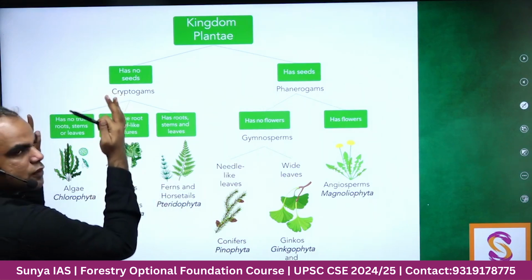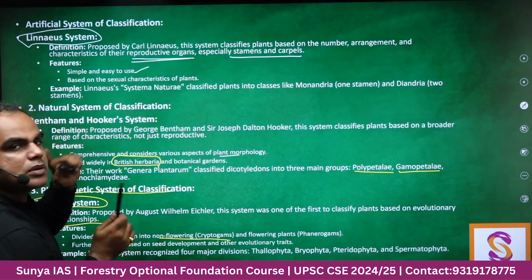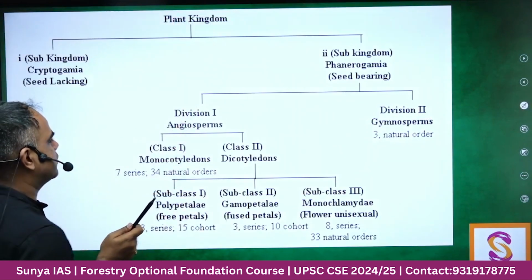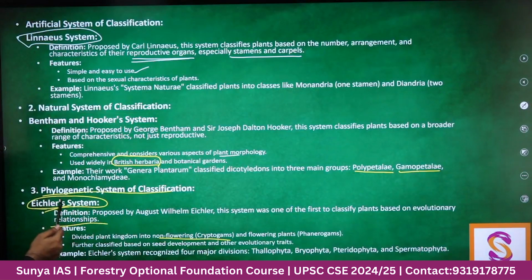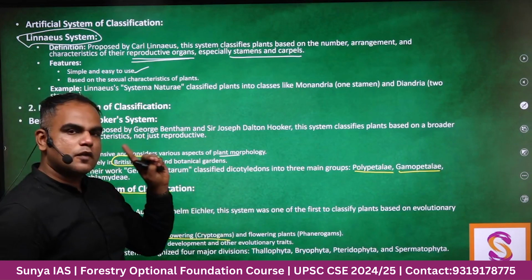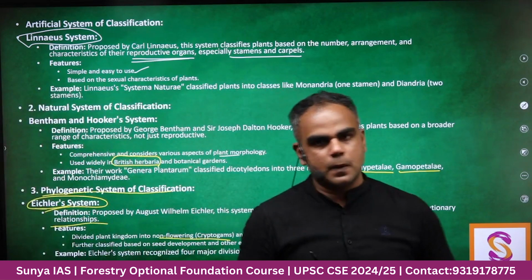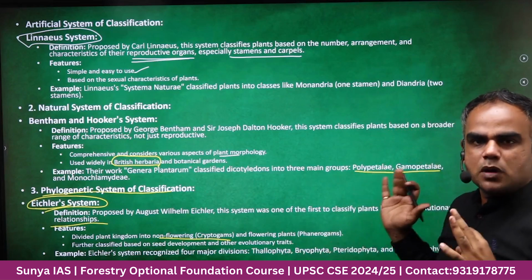But again, it is very important to understand the natural system of classification as well. By the way, this phylogenetic system has recognized 4 divisions: thallophytes, bryophytes, pteridophytes, and spermatophytes. Okay, so first of all, this is what we've understood.